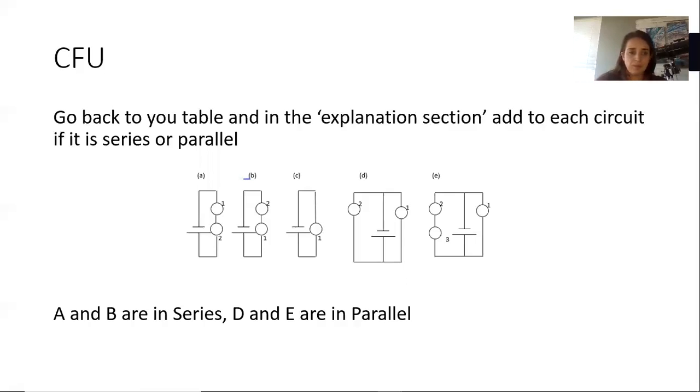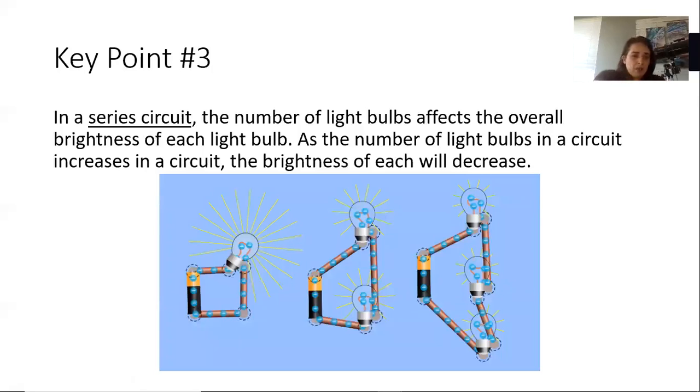All right, cool. Last key point for today. So in a series circuit, as you have observed, the number of light bulbs affects the overall brightness of each light bulb. As the number of light bulbs in a circuit increases, the brightness will decrease. And we see that here. I took a screenshot of our simulation.